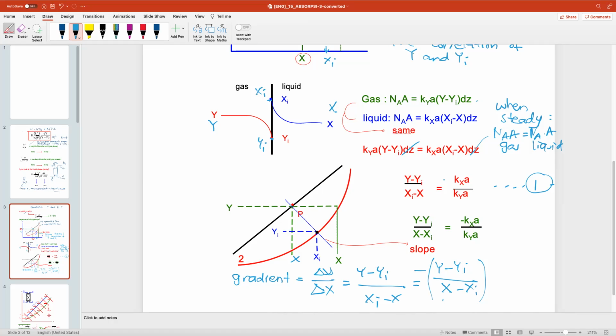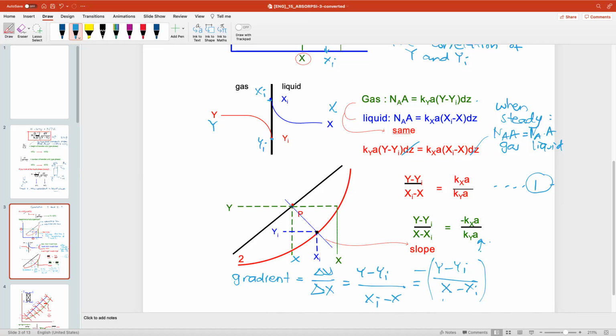Sorry, this is from xi to x, yeah, that should be the negative one there. Okay, so here we found that the slope is actually minus kx divided by minus ky.